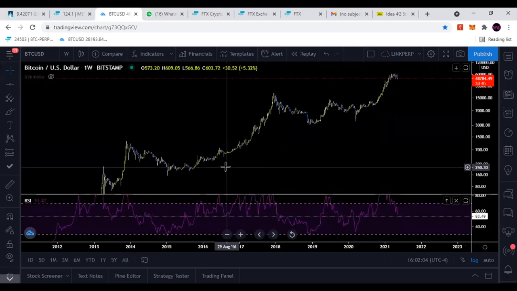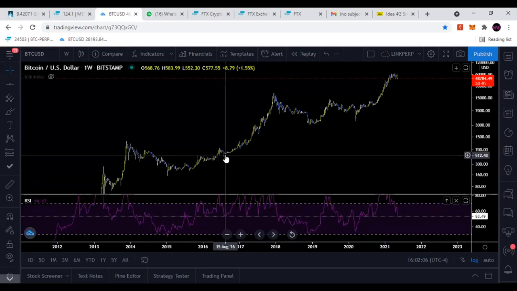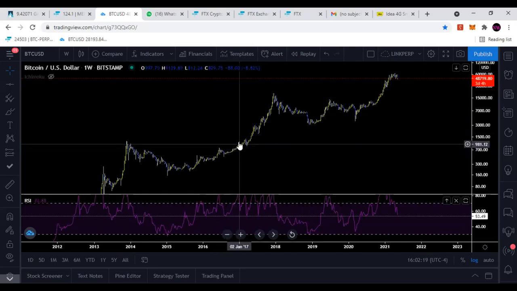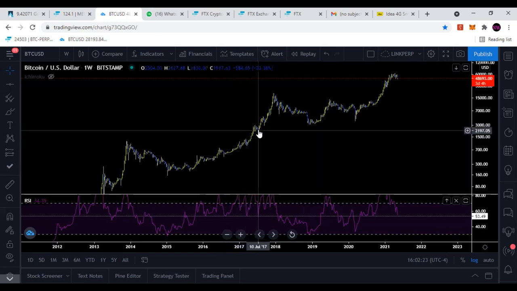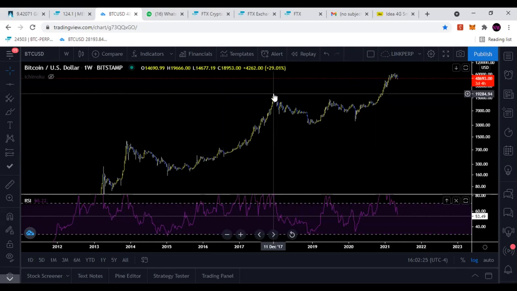Back in 2016, when the whole bullish market started, it went from this level, even though when we had this heavy drop back to this previous all-time high.